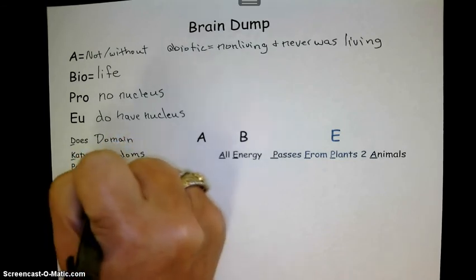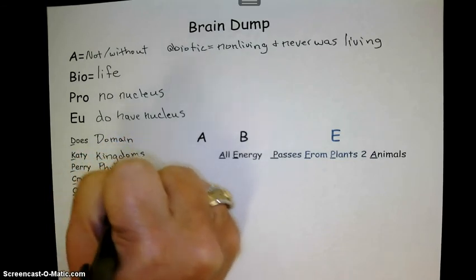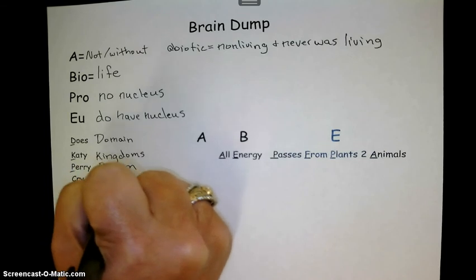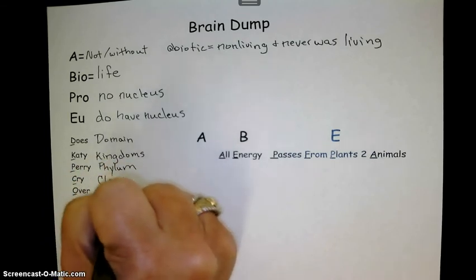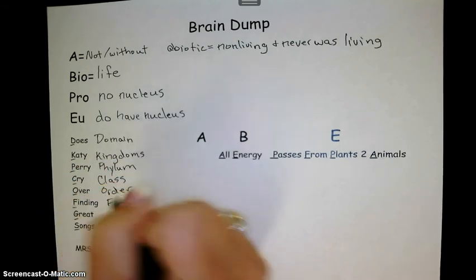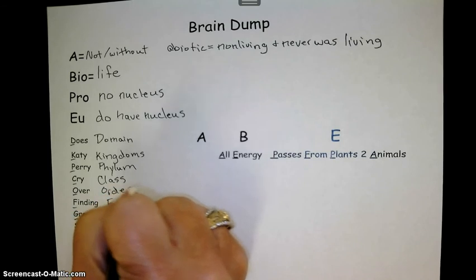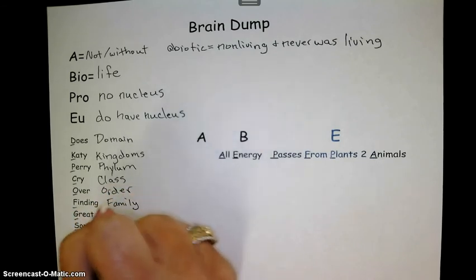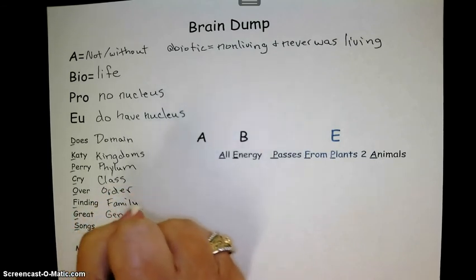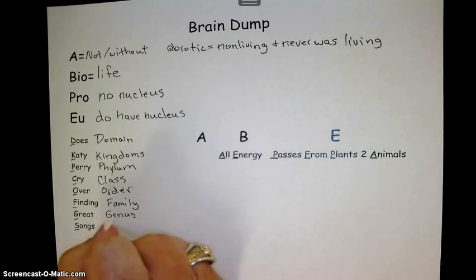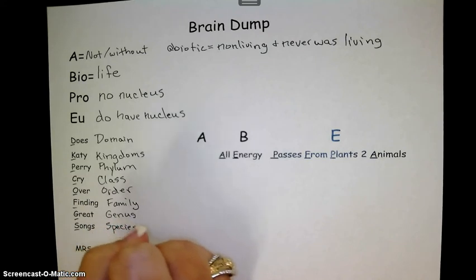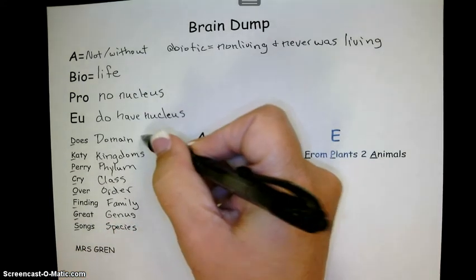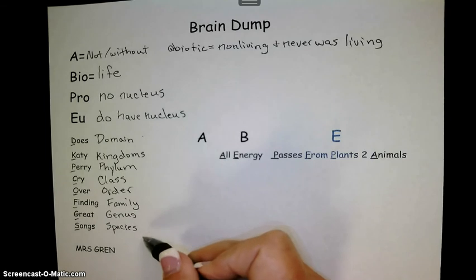P was phylum. C was class. O was order. F was we are family. Family. G was genus, not genius, but genus. And S was species. And we said this was from the largest group down to the smallest group.